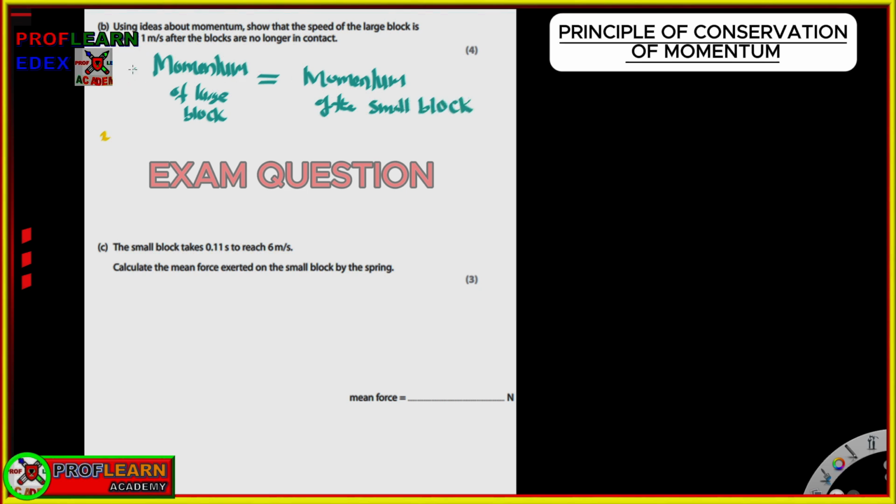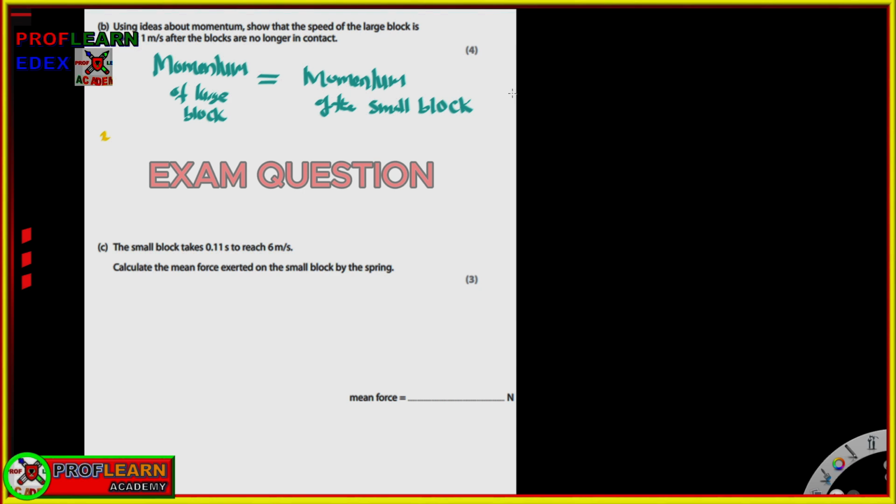That is the idea of momentum that we are going to use in this question. Remember, the mass of the large block was 75 grams. So we are going to say 0.075 times the velocity of that block, which we don't know, will be equal to the mass of the small block, 0.017, times the speed, which we got as 5.84.